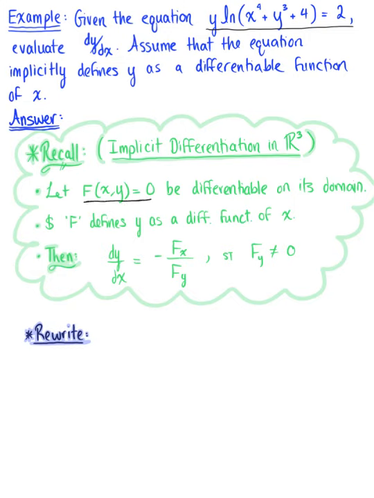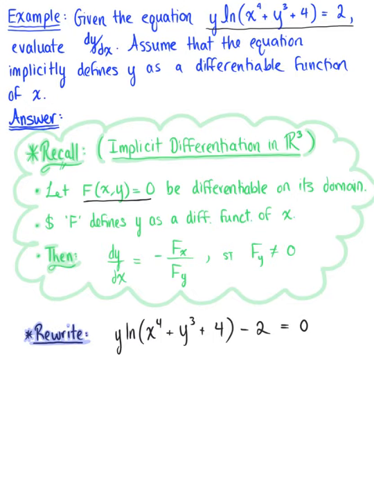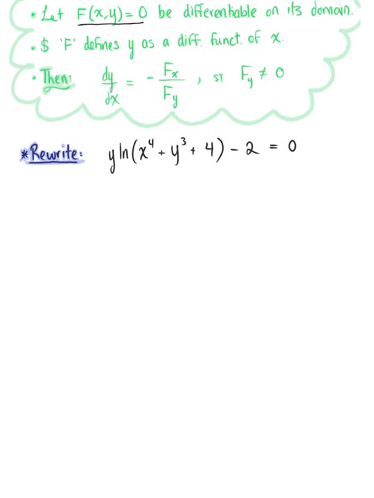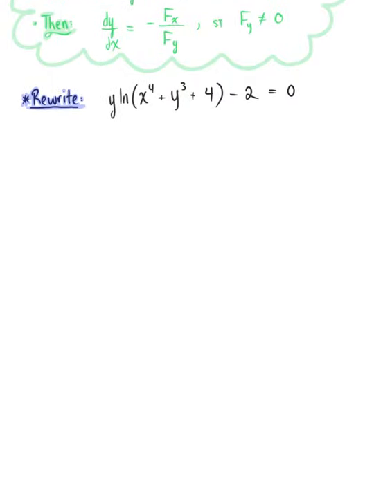So we can rewrite this function as y multiplied by the natural logarithm of x to the fourth plus y cubed plus 4, and now if we subtract 2 from both sides, we're left with minus 2 equals 0. Now that we have rewritten this function, we're ready to find all the partial derivatives.